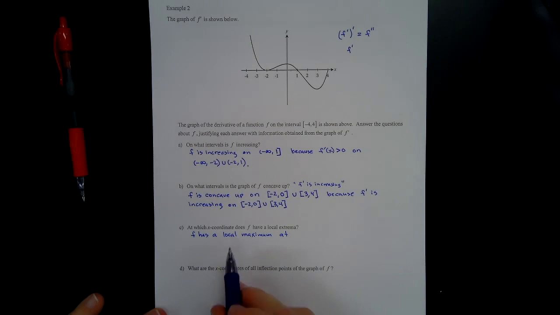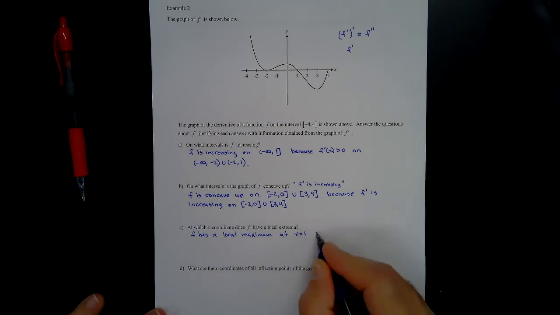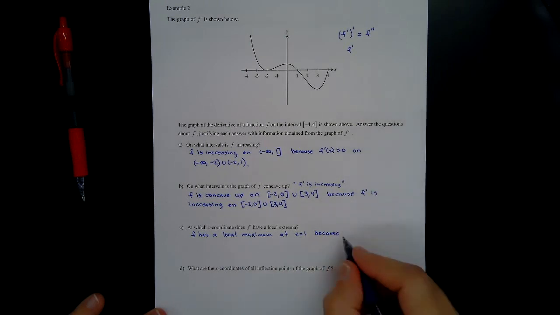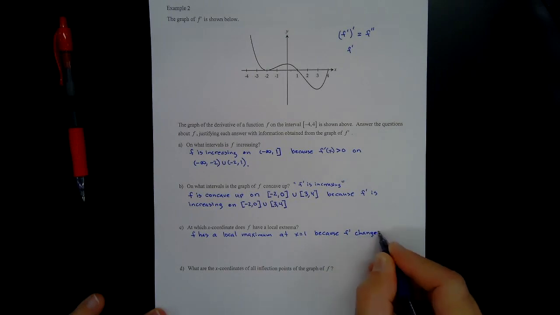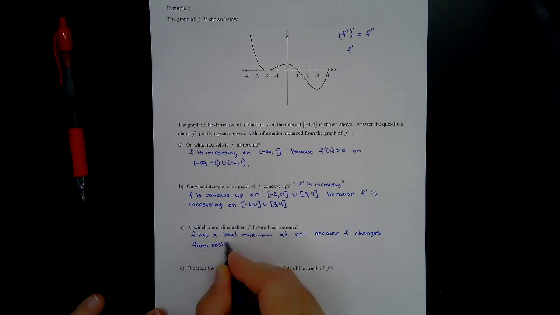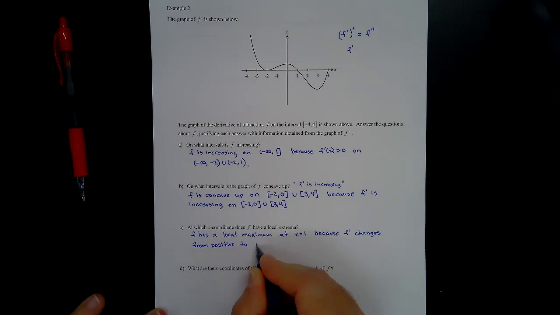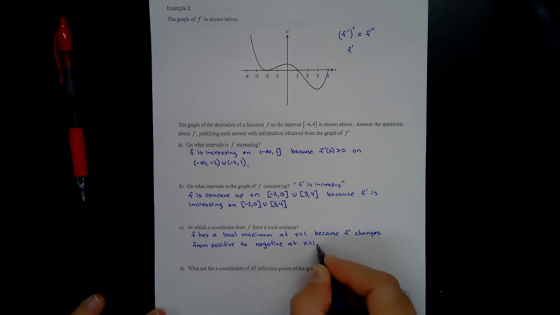And remember, local is also relative, okay? So f has a local maximum at x equals 1 because, and again, we have to refer it to this, because f prime changes from positive to negative at x equals 1, okay?